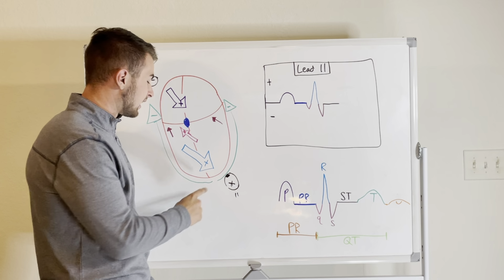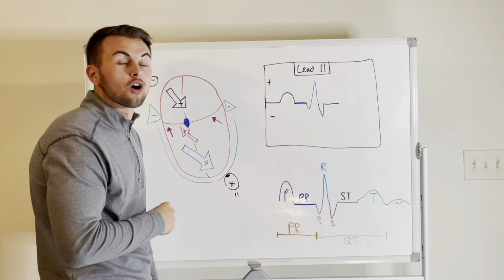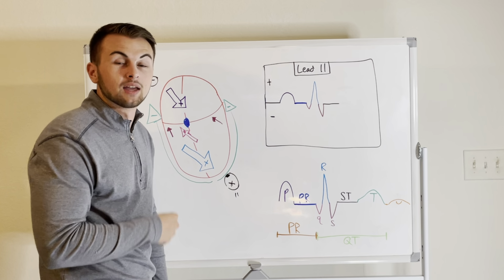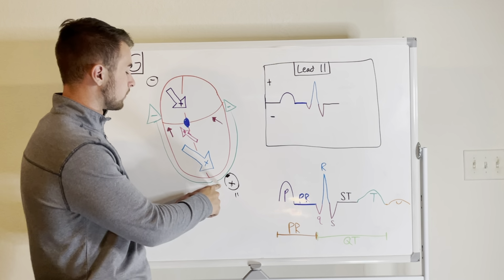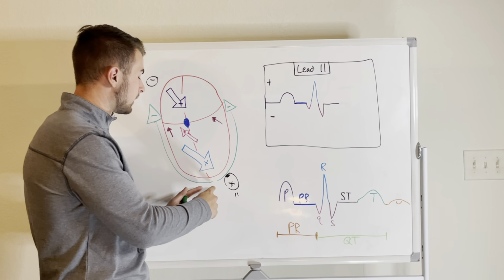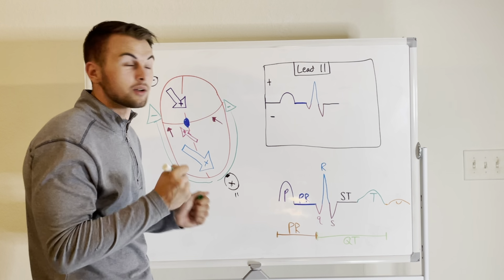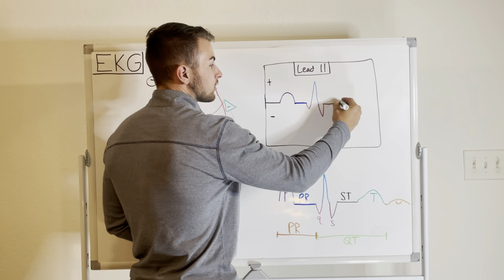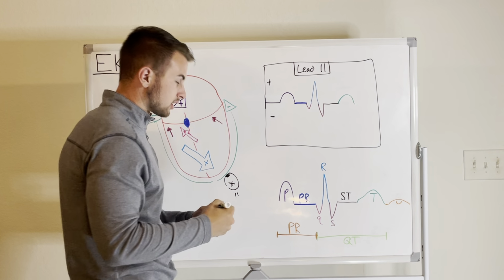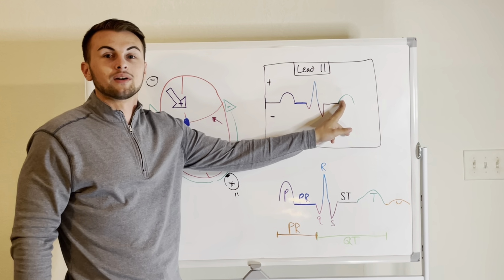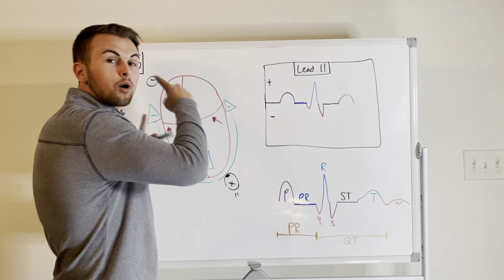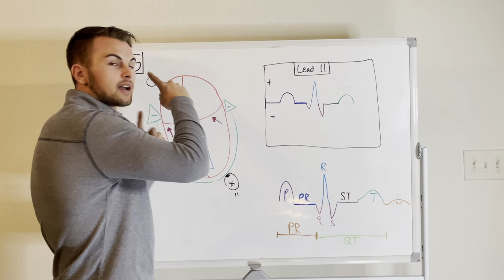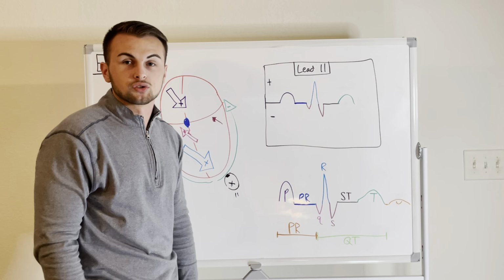This happens to be a negative vector that is headed away from our positive camera. This generates a positive deflection that we call a T wave. Remember, if a big mean girl is headed away from you, that's a good thing. We're going to call that a positive deflection, and that positive deflection is known as a T wave, which is representative of the repolarization or relaxation mechanically of the ventricles.